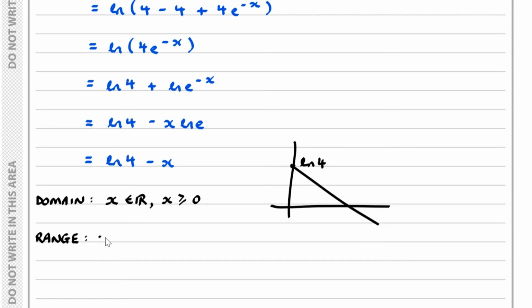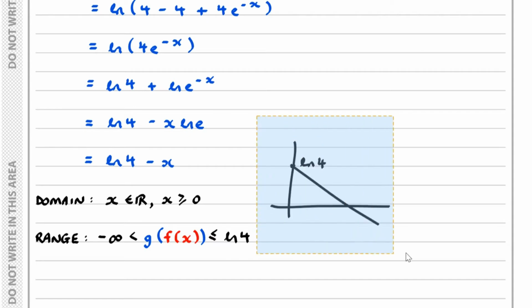So for the range, we've got negative infinity, which is less than g of f of x, which is less than or equal to the natural log of 4.